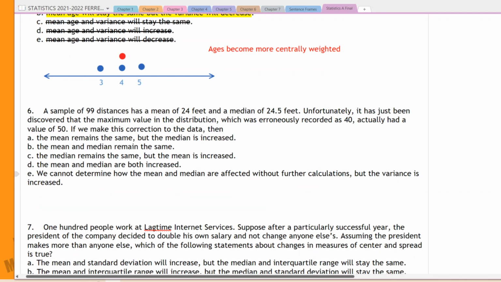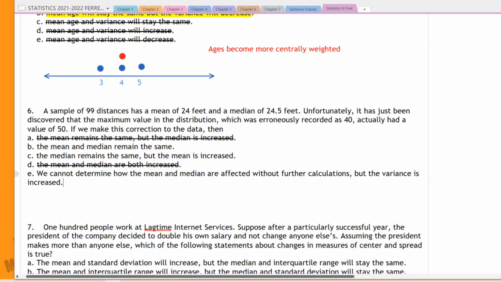So with question 6, anything that indicates that the median is going to change is going to be wrong. So if I'm taking a look at this, letter D, the median is increased. That's wrong. Letter A, the median is increased. That's going to be wrong as well.